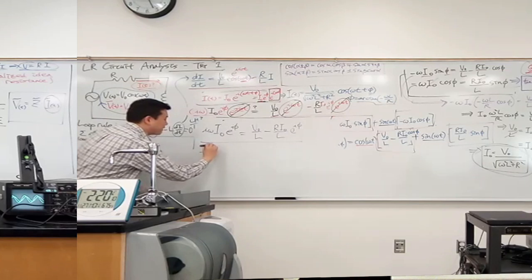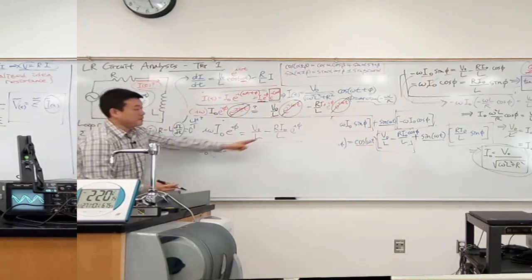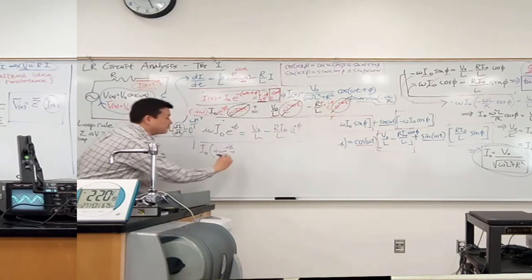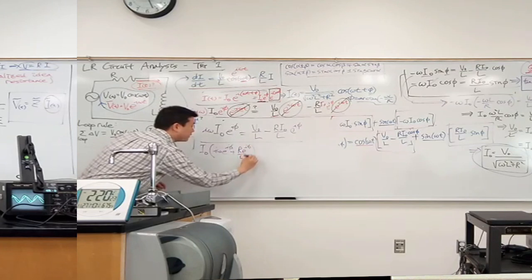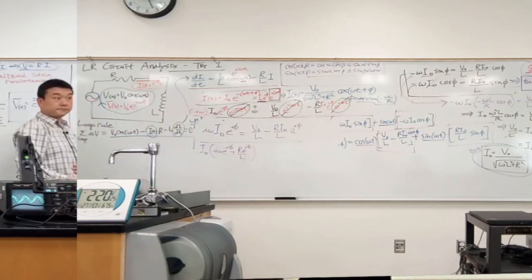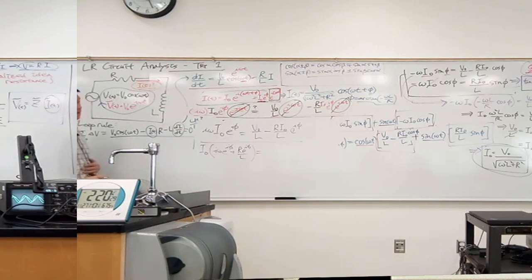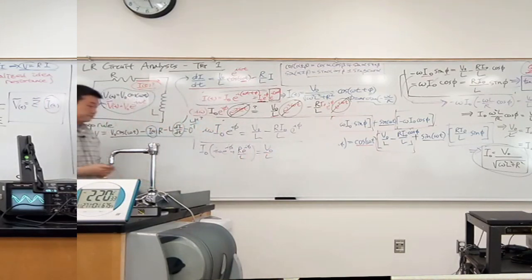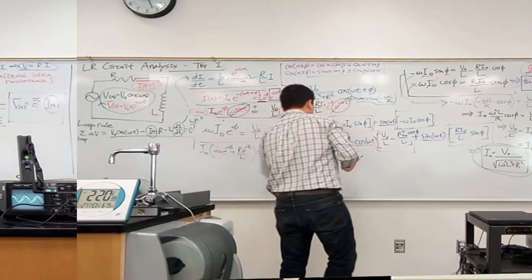Then I get I naught times I omega e to the I phi plus r e to the I phi over L, that is equal to v naught over L. Let me solve this for I naught.